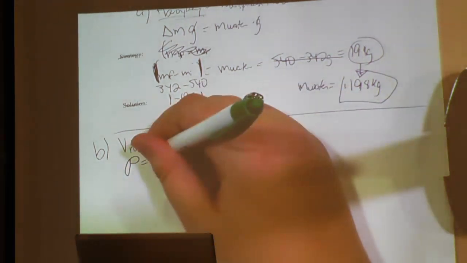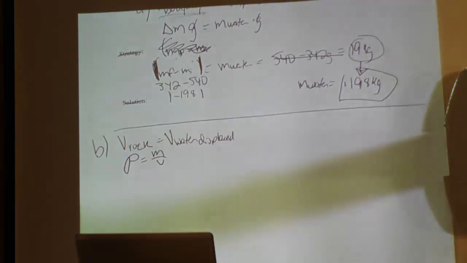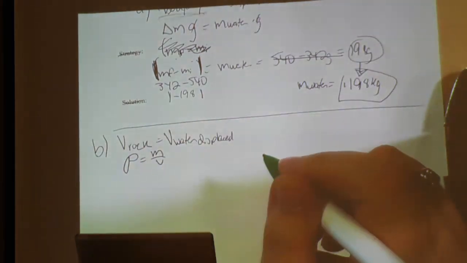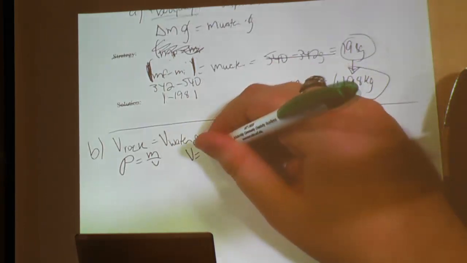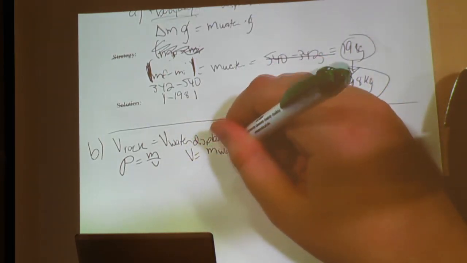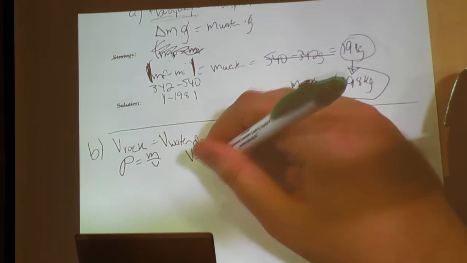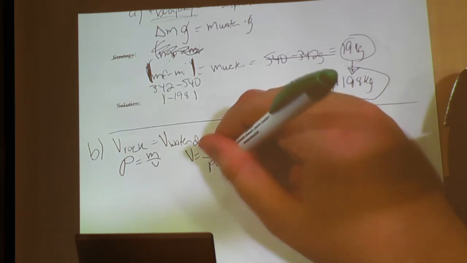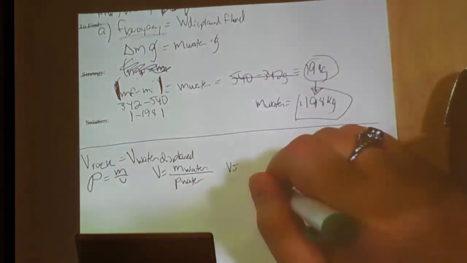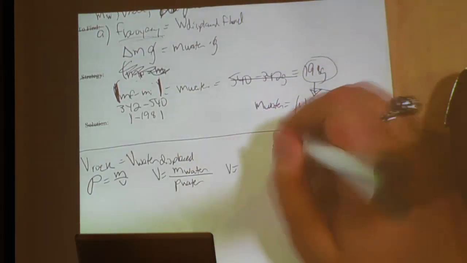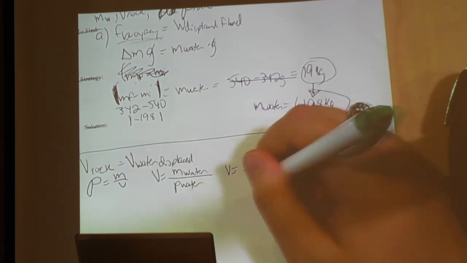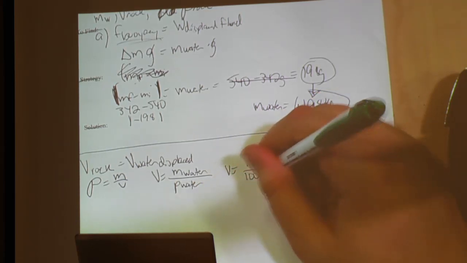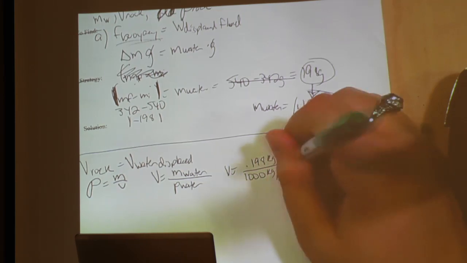So this is going to be m over v, and it's going to be equal to the mass of the water over the density of water. So volume is equal to mass of water, which we calculated to be 0.198 kilograms, over the 1,000 kilograms per meters cubed.